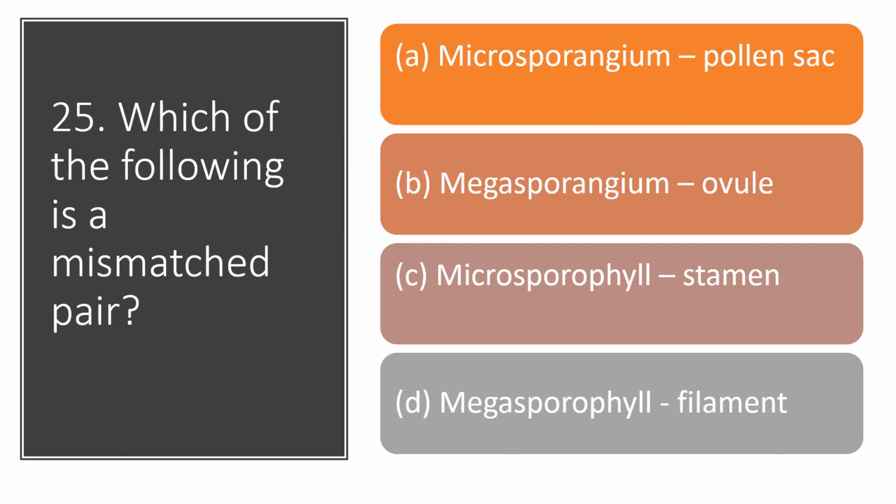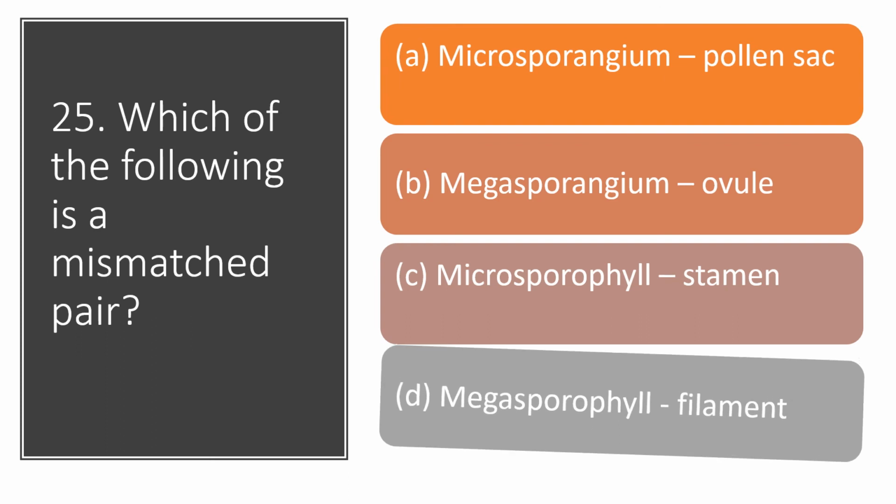Microsporophyll is called stamen, also correct. Megasporophyll, it's mentioned as filament, but it is the wrong option. Megasporophyll in angiosperms we call carpels. So here they mention filament, so it is the wrong option. It is a mismatched pair, so the answer is D, megasporophyll, filament.